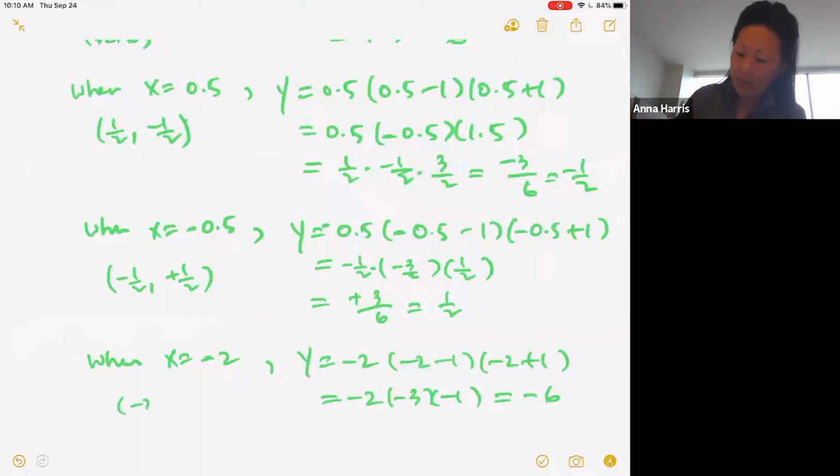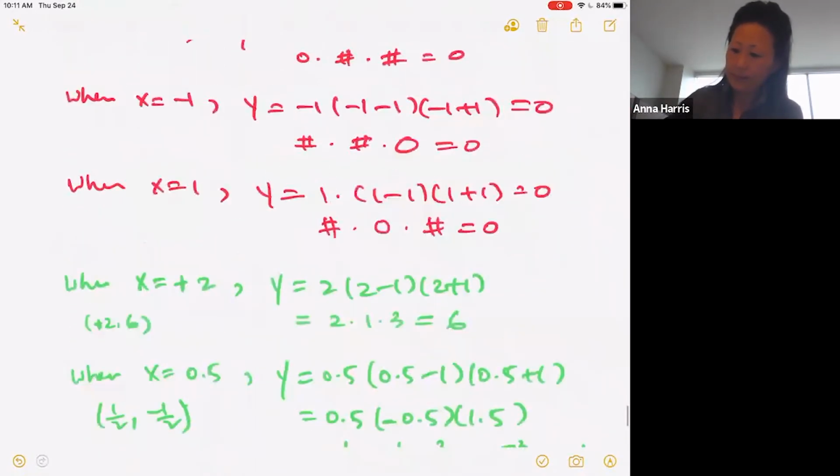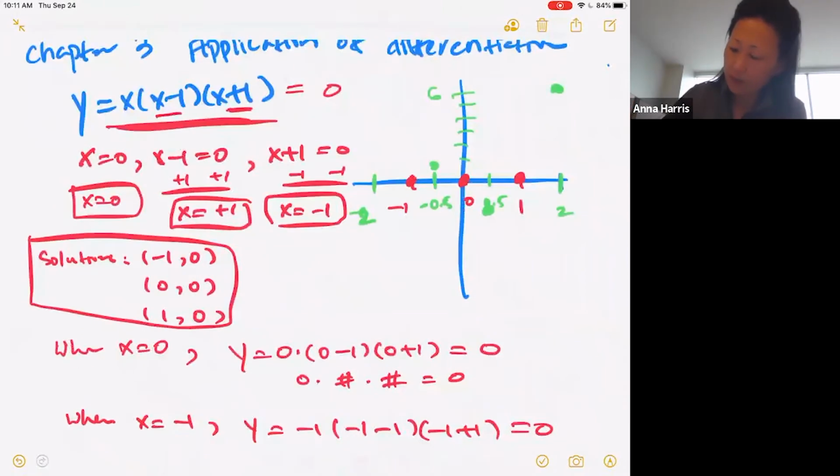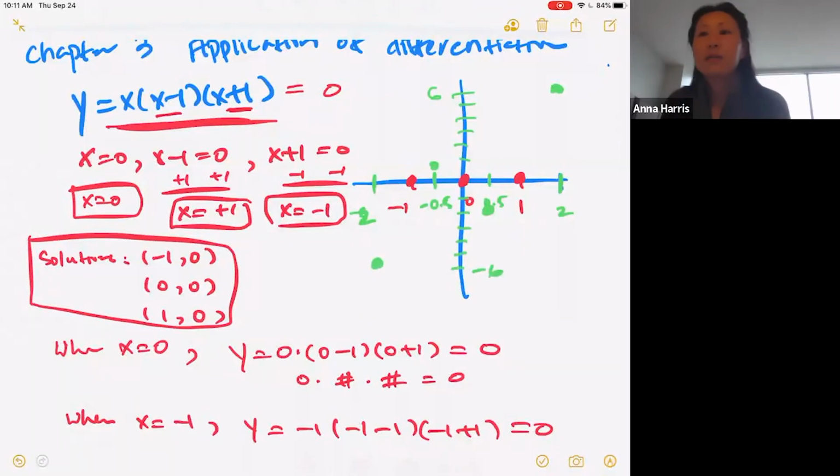So I have negative 2, negative 6. So when x is negative 2, I get a negative 6. This is what I have.